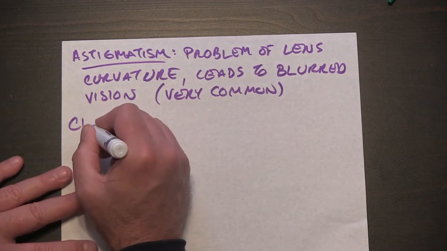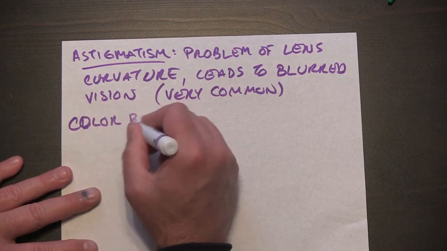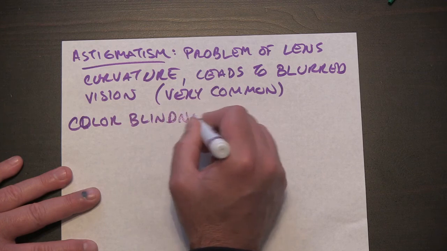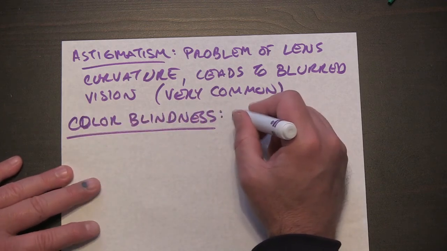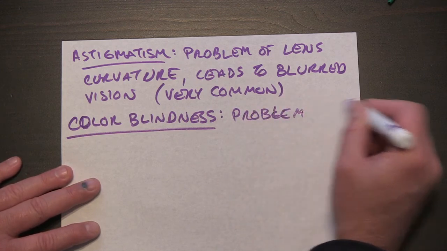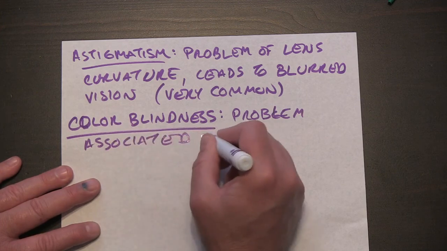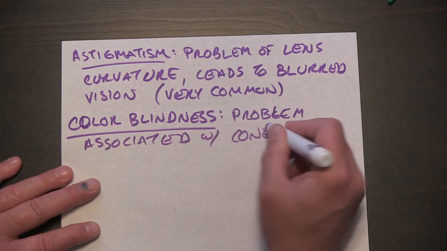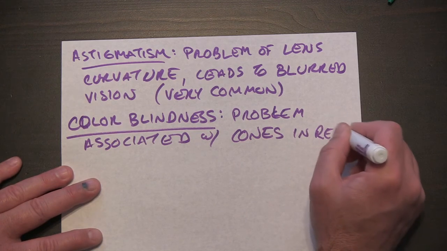And then lastly, color blindness. And this is a problem associated with the cones in the retina.